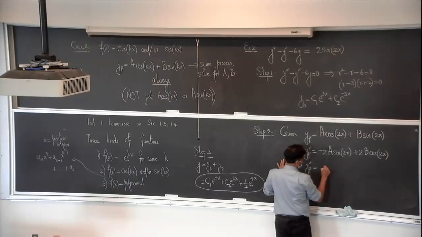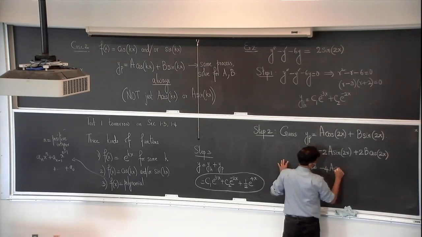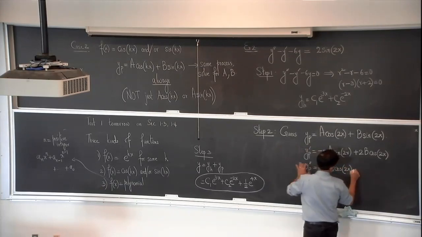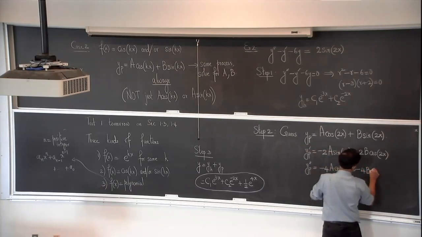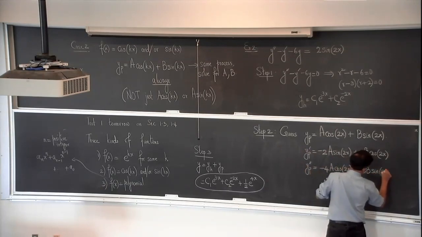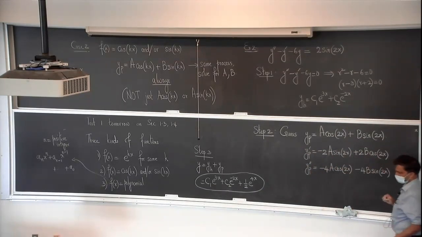So it's going to be negative 4a cosine 2x minus 4b sine of 2x. So you can think about this, if those coefficients were positive, as a spring mass dashpot problem with the external force, which is what we'll be doing in section 2.6.